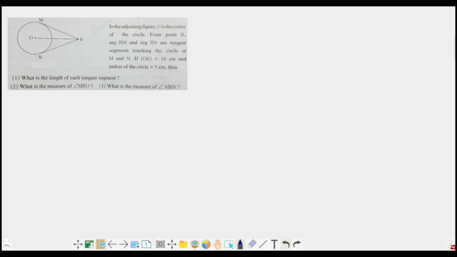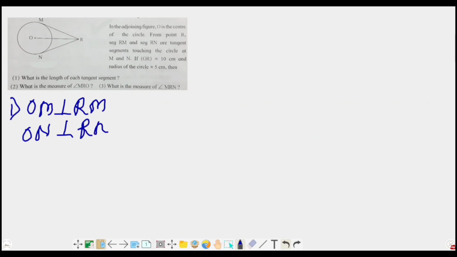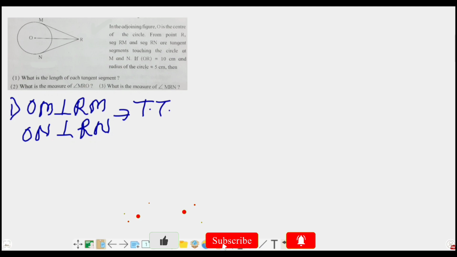So very first what we will do, that your OM is perpendicular to the RM when you join. Same way your ON is perpendicular to the RN. Reason for that is tangent theorem. I am writing short form, but you have to write the full form. So when you join OM and ON, these are perpendicular. Okay.